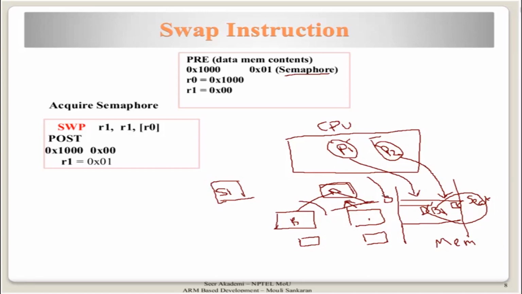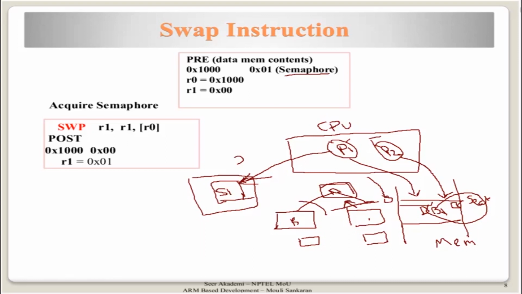So S1 is some entity, it's another data variable which is OS specific, and the database is your own data, and you are telling any process using this that it should first acquire something. What I mean by acquiring is this: whenever a process comes and accesses S1, this semaphore, it will look for whether it is free or not.